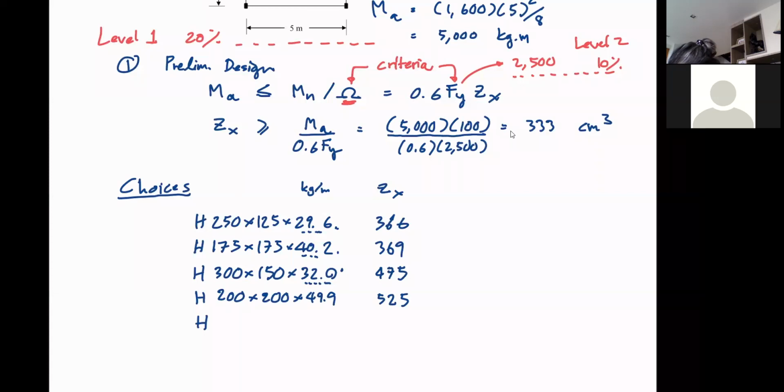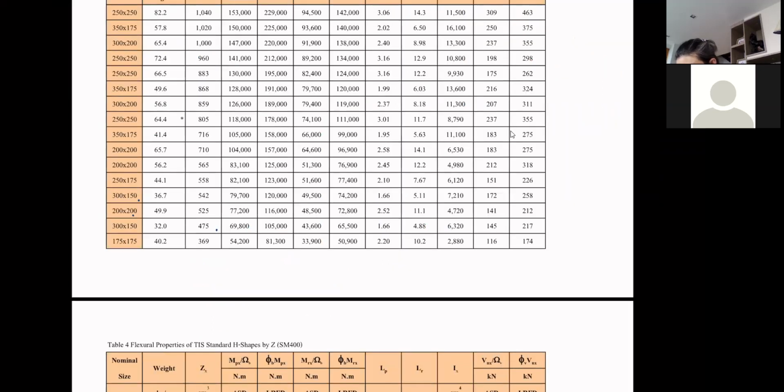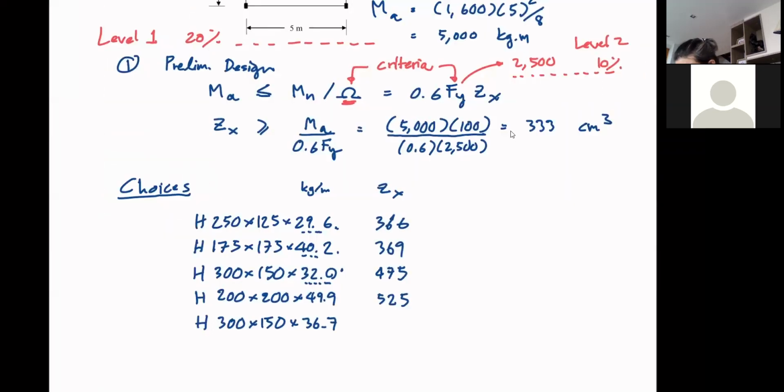And the next one is the bigger 300 by 150 by 36.7. This one has 542 plastic section modulus. So it's pretty interesting.